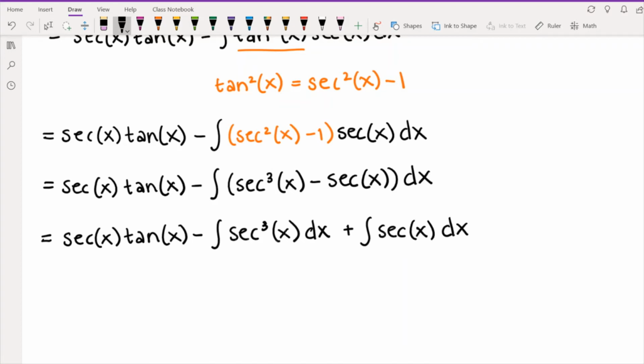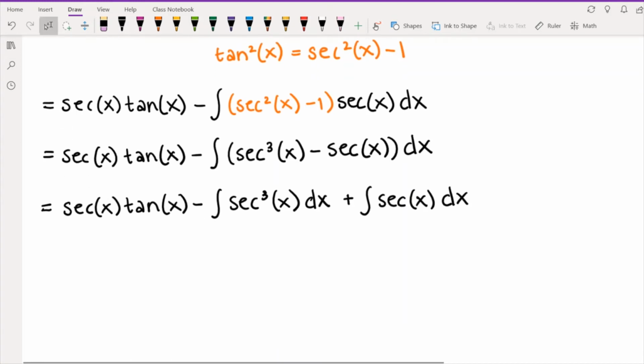And so we saw on the previous page that the antiderivative of secant of x is ln of secant of x plus tangent of x. So I'm going to rewrite this with our original integral again, because we started off with the integral of secant cubed of x.